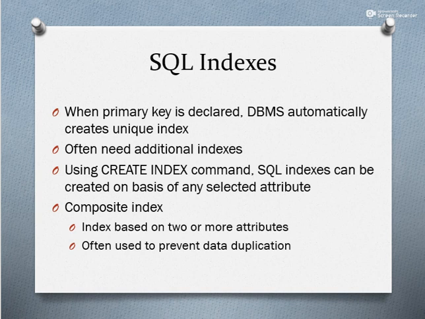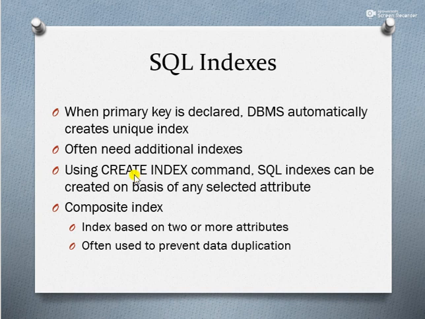But when you declare an attribute as a primary key, your DBMS automatically creates a unique index on your primary key. But sometimes, along with the primary key, you might need additional indexes as well, so you can create an index with the create index command. If you need additional indexes other than the primary key, you can create those indexes.